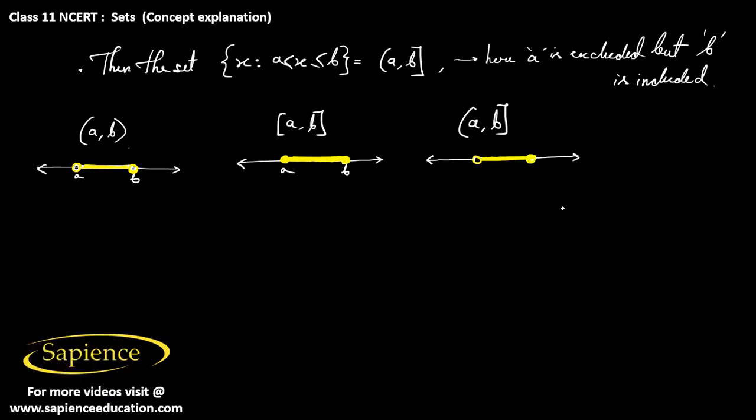Then, where end A is closed and end B is open, we draw like this.